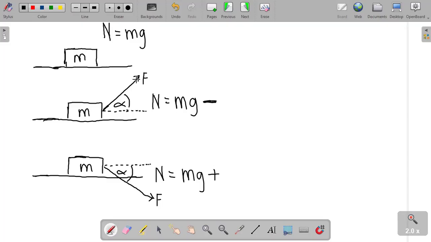We add the component here. So we subtract the vertical component, I meant to say. It's going to be mg minus F sine alpha, and in this case it's going to be mg plus F sine alpha.